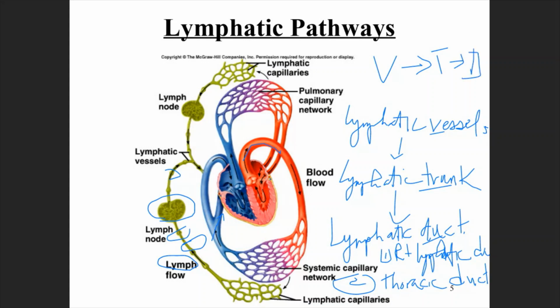So if you see my future exam, or if you have tests from the past, I just warn you regarding selecting the answer choices, but always rely on VTD. Okay? That's the way that lymph flows. Now, there are two ducts.